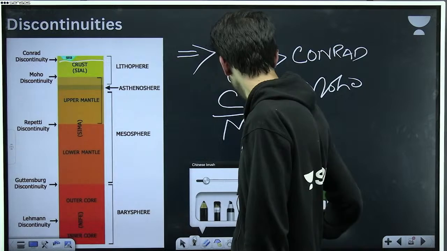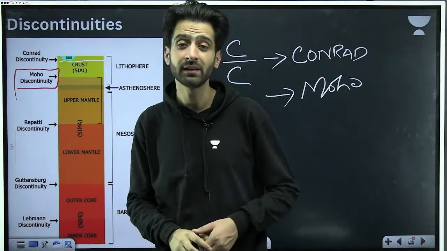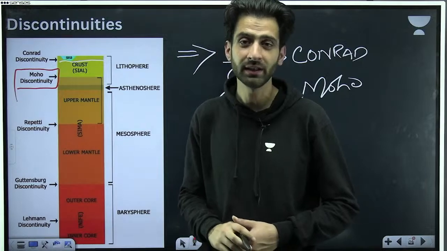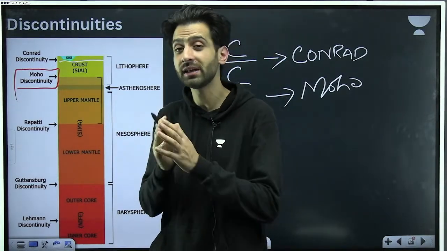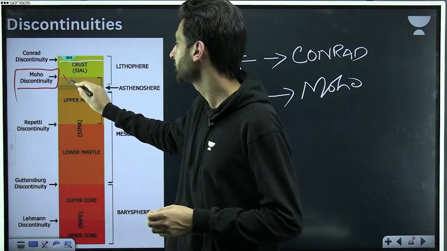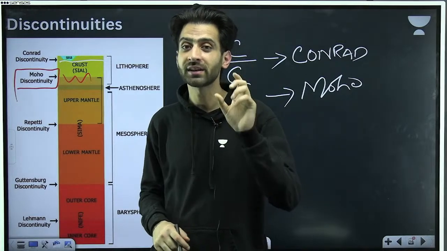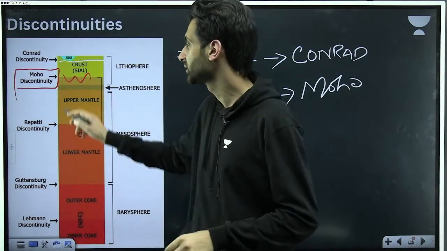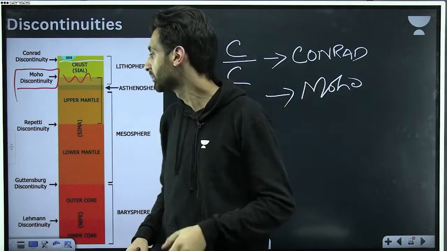The crust and the mantle are separated by the Mohr discontinuity. If a question arises about which layer lies there, among the asthenosphere and the lithosphere we discussed, the upper mantle and the crust comprise the lithosphere. So this is where the Mohr discontinuity will be, separating the crust and the mantle.